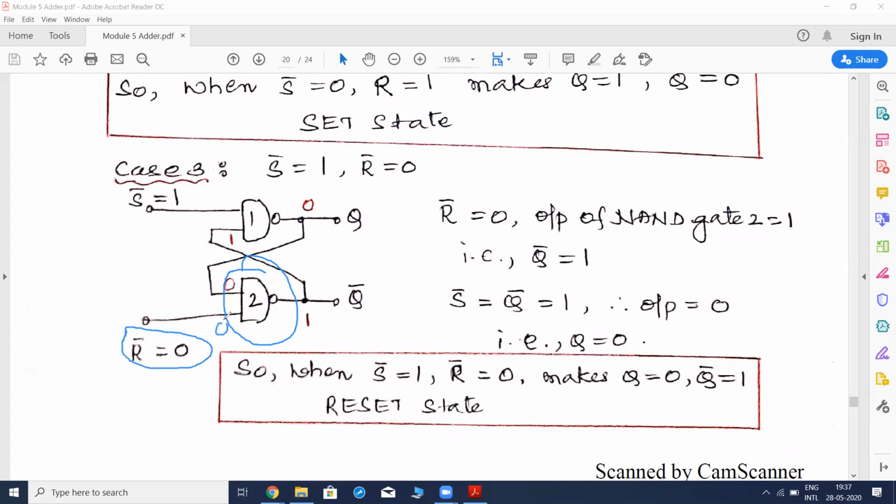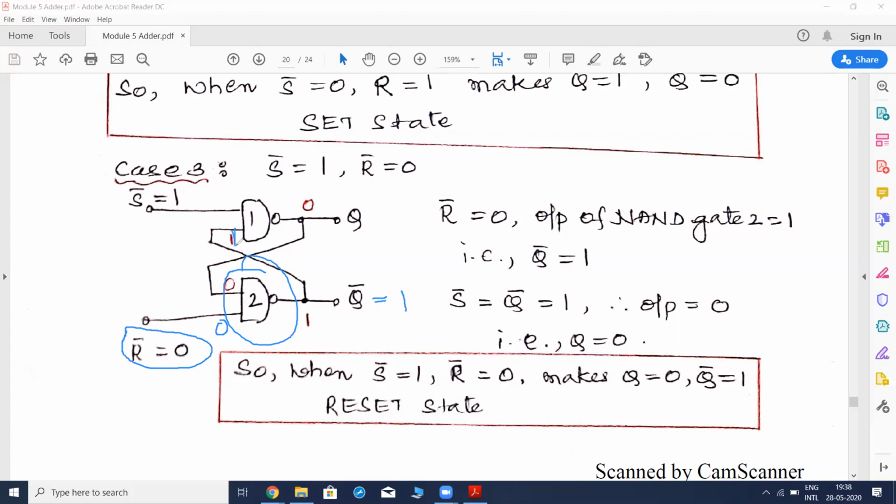So here it is 0. Irrespective of the other input, it will make the output 1. Here R bar is 0, and here we are giving S bar as 1. So irrespective of the other input, the output of NAND gate 2 will be equal to 1. That means Q bar is 1. So this Q bar is equal to 1.